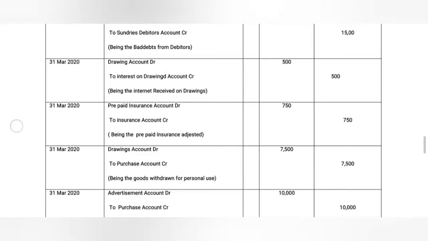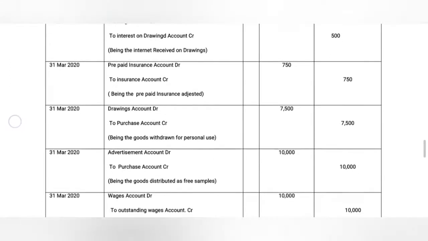That's the reason the drawings account is increased, and this amount is also added. Now we are coming to the prepaid insurance account, it is 750 rupees. Here prepaid insurance is considered an asset, so this amount is deducted, since insurance is an expenditure.